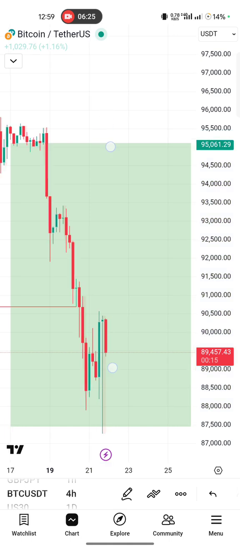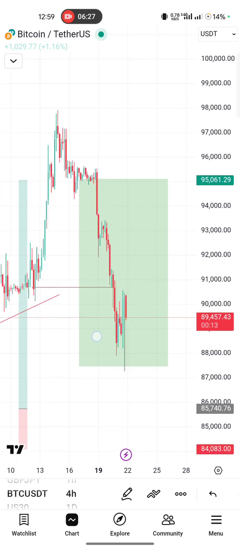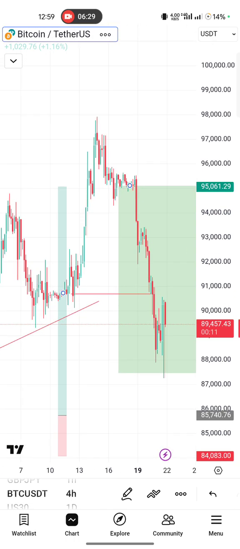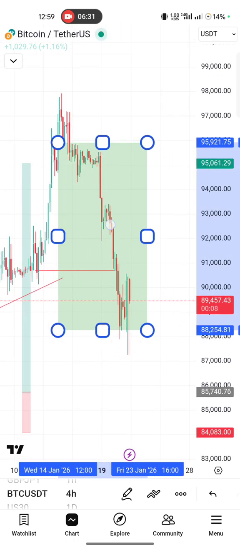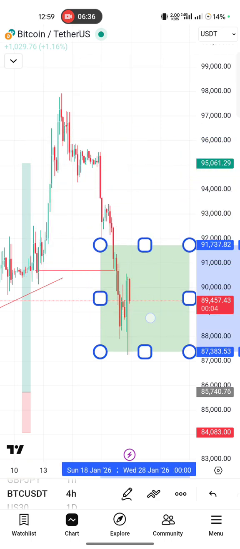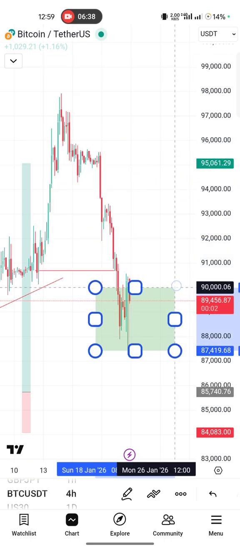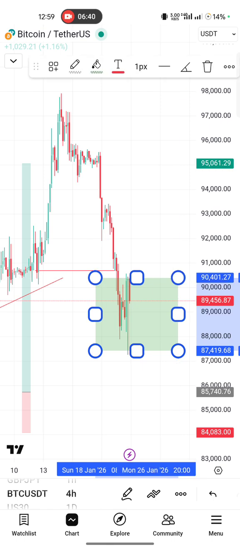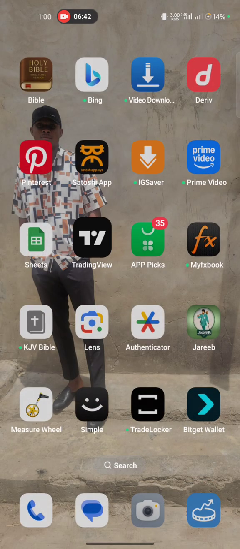Let's assume the market pumps from this place, from here to here, from 87,400 to 90,000.